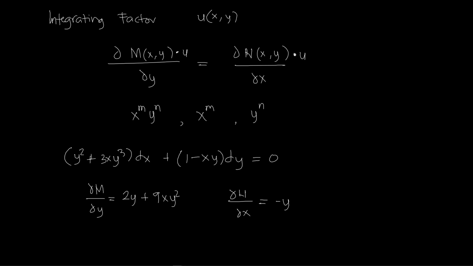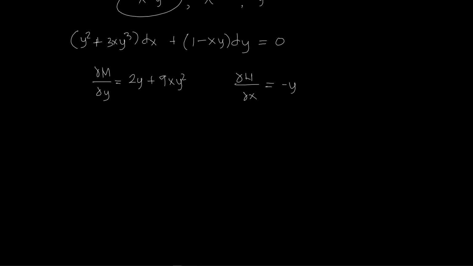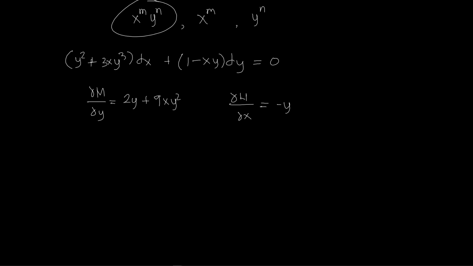Okay. What we are going to do is multiply x raised to the power of n to all the terms of the given. When we multiply x raised to the power of n, and y raised to the power of n, since they have the same base, the exponents are added.